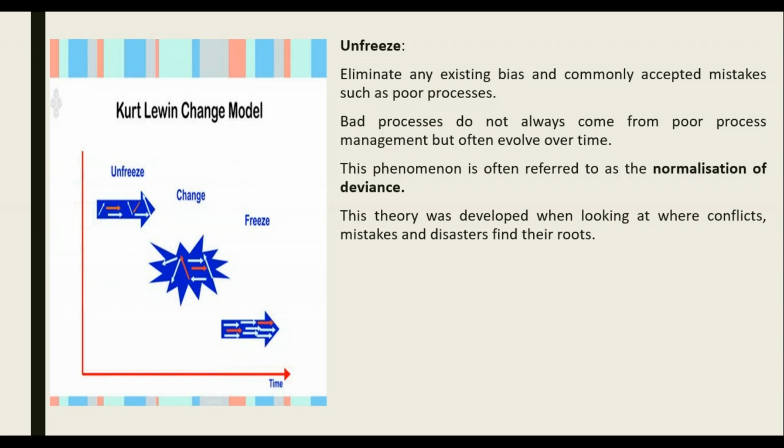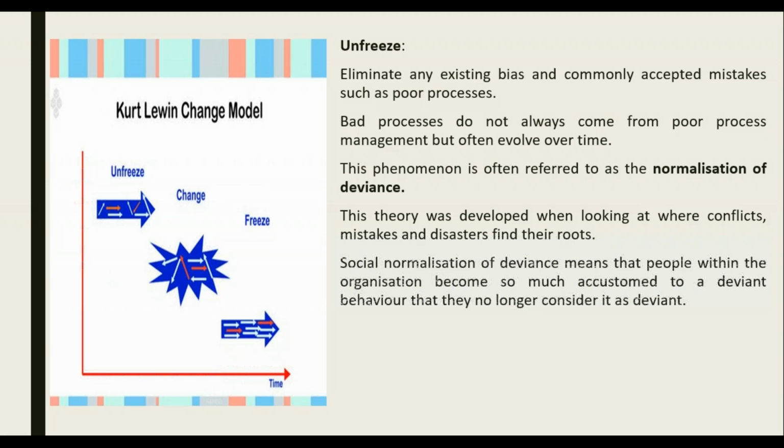In a 2008 interview, Vaughan stated that the social normalization of deviance means that people within an organisation become so much accustomed to a deviant behaviour that they no longer consider it as deviant, despite the fact that they far exceed their own values.